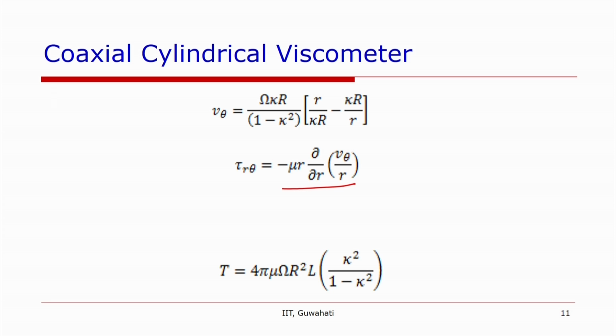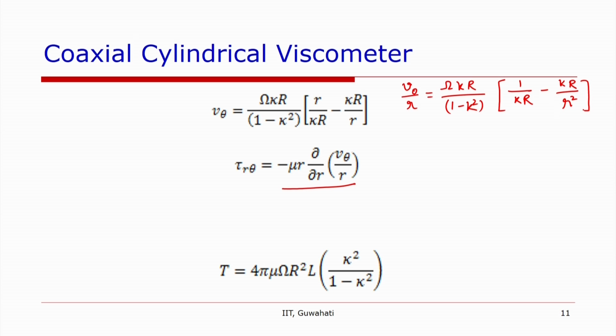So we can calculate v theta over r, which is equal to omega kappa capital R over 1 minus kappa square, times 1 over kappa R minus kappa R over R squared.